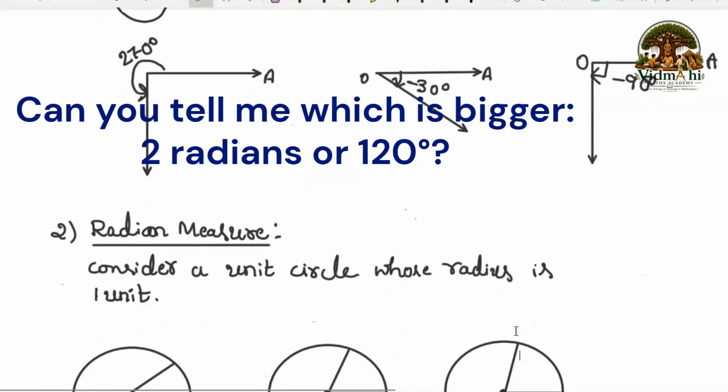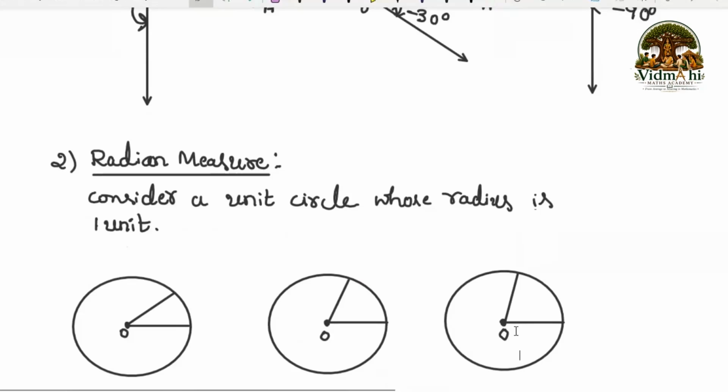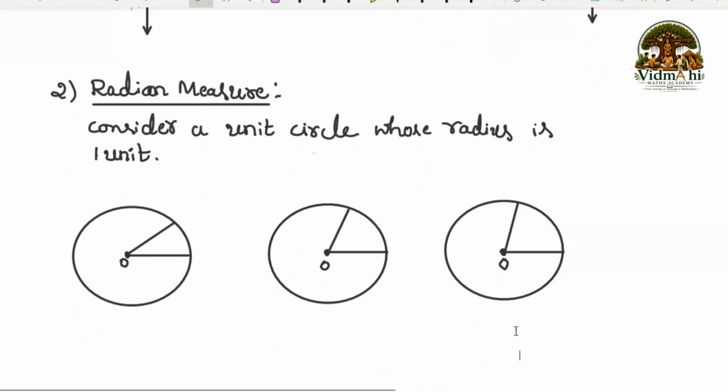Radian measure. For this, consider a unit circle whose radius is 1 unit. Consider an arc length of 1 unit.